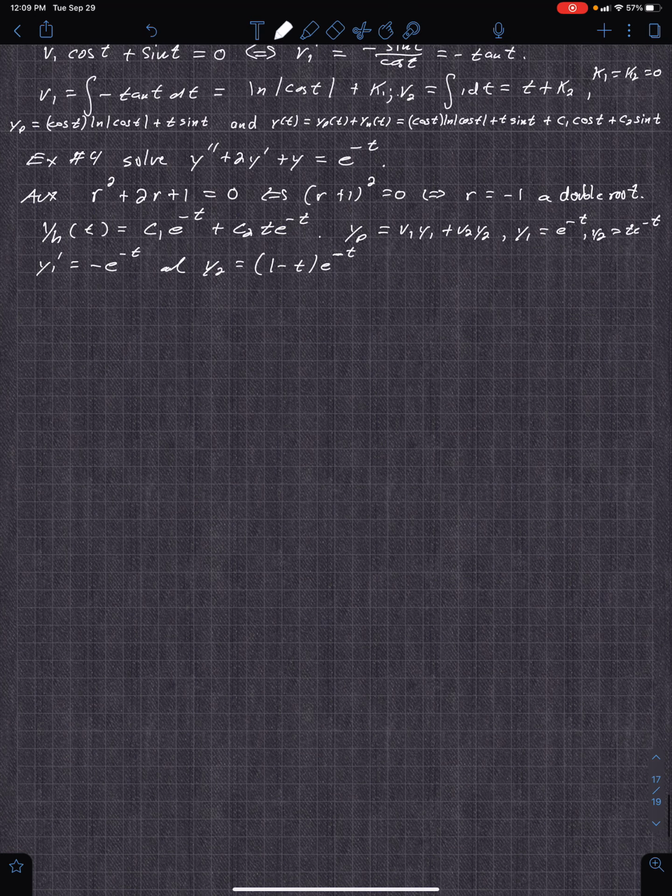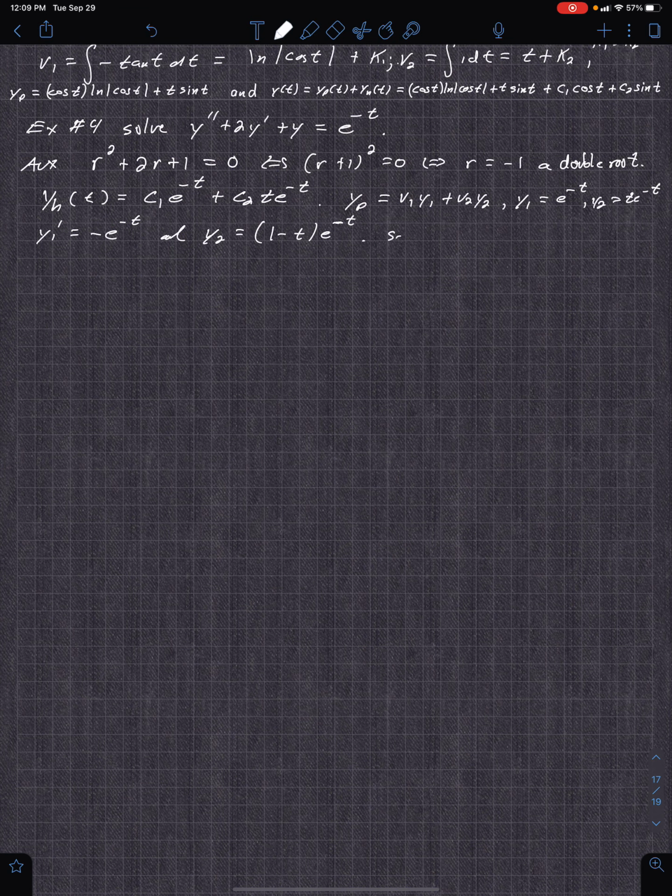Okay, so then solve the system. So the system is going to be e to the negative t v1 prime plus t e to the negative t v2 prime equal to 0.